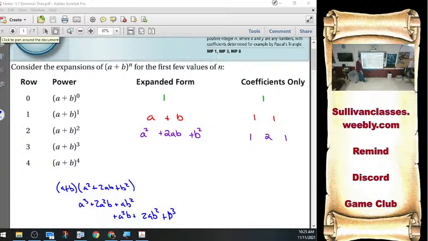You got to be careful about all of your exponents here. And we get A cubed plus 3A squared B plus 3AB squared plus B cubed after I combine like terms.